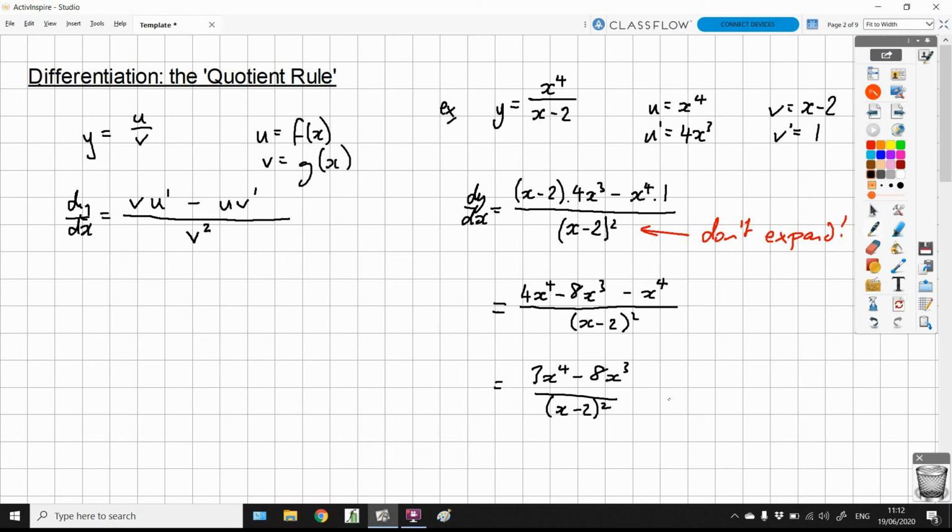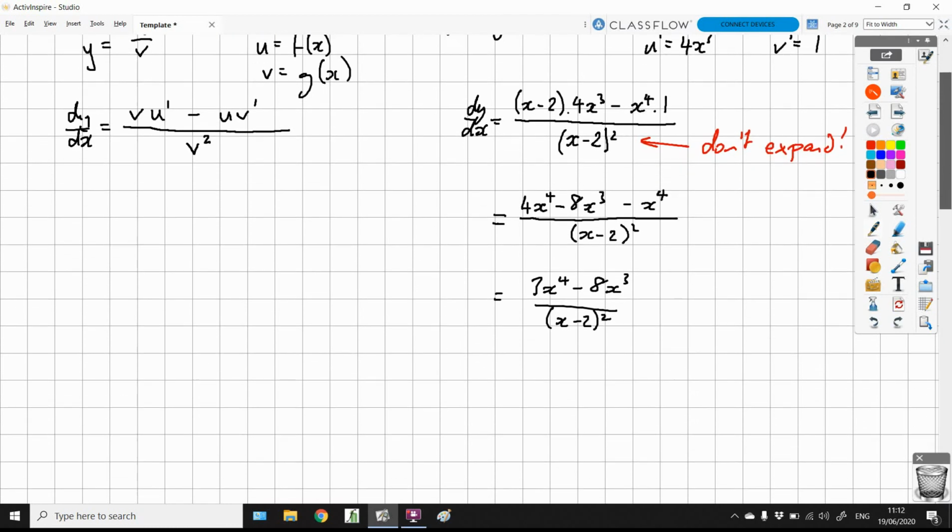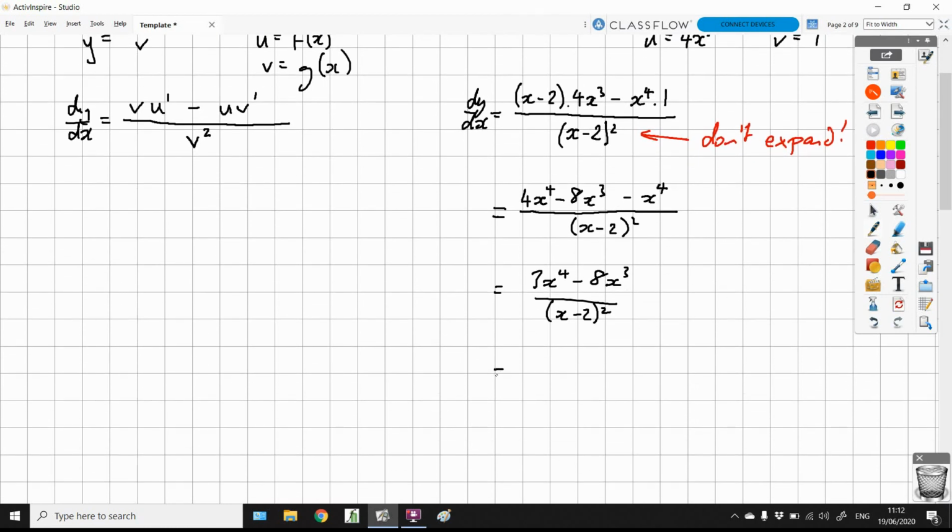Now the question, of course, is whether or not anything cancels. Does this fraction simplify? To judge that, you need to factorize both the numerator and the denominator. And that's why it was a bad idea if we had contemplated trying to expand that denominator there.